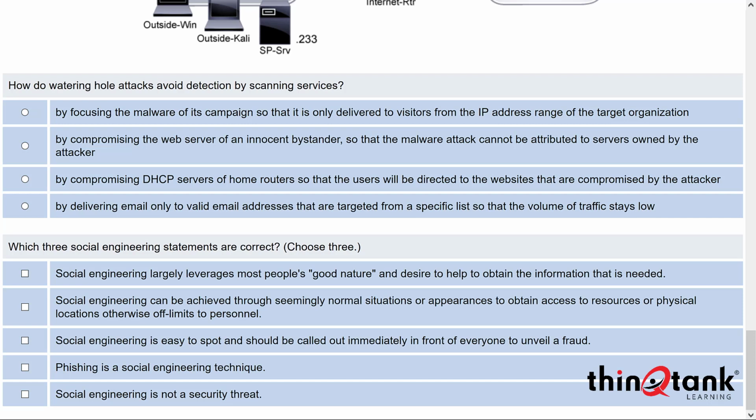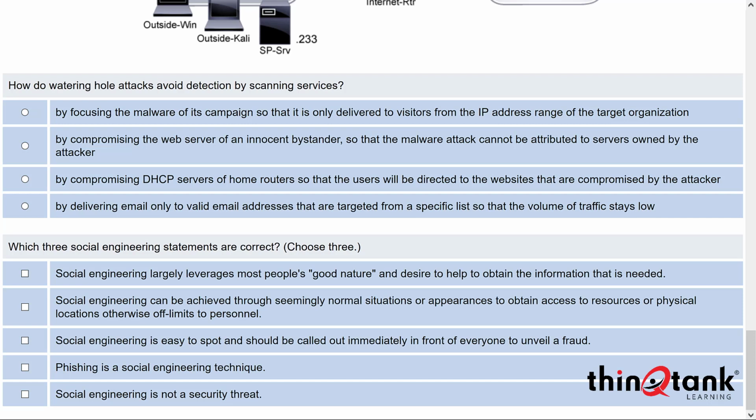Now this is a little bit more specific, but it's the same general concept. All right. The other ones wouldn't apply here. Compromising a web server of an innocent bystander so that the malware attack cannot be attributed to the servers owned by the attacker. That would be covering your tracks, right? By compromising DHCP servers of home routers so that the users will be directed to the websites that are compromised by the attacker.